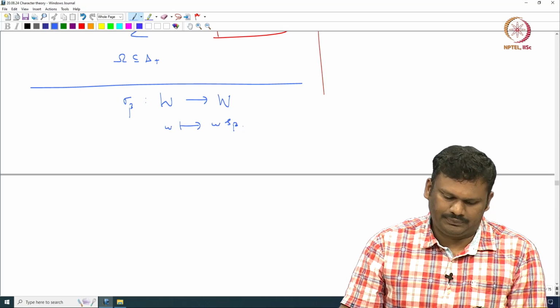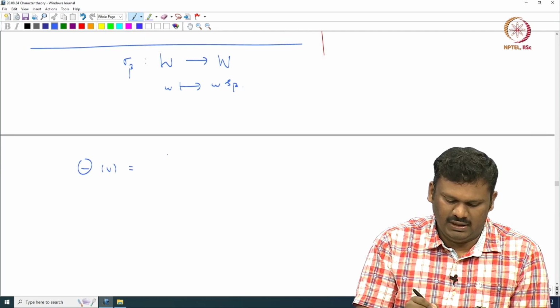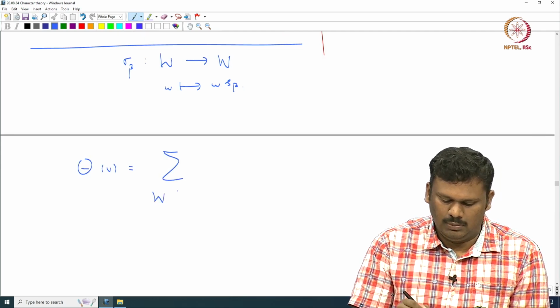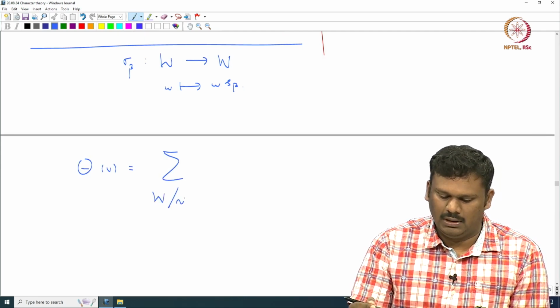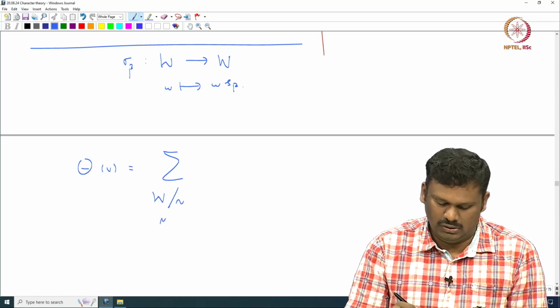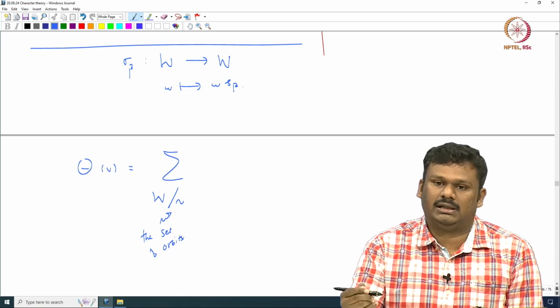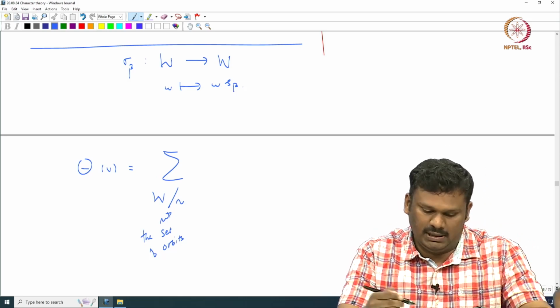So, now how can one write theta of v? Theta of v can be written as a summation over W mod tilde, where W mod tilde is the set of orbits. So, because they are the set of orbits, you can choose the representatives.